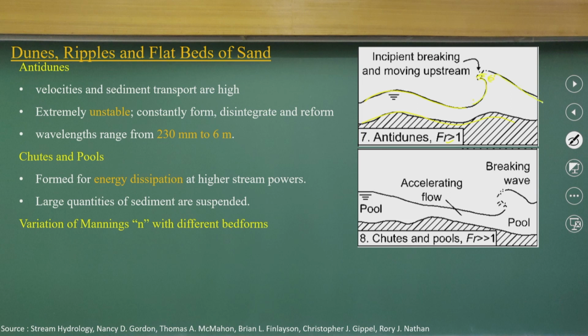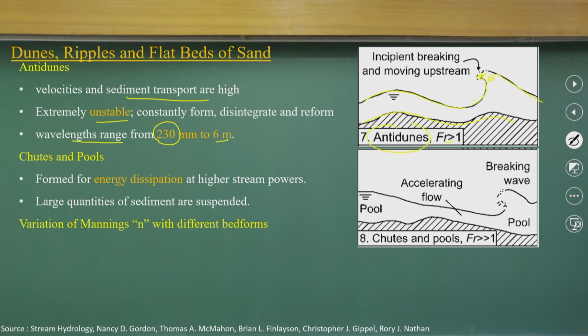That is antidune formation, which happens when the Froude number is greater than 1. The velocity and sediment transport are high, and extremely unstable conditions will happen. The wavelength ranges from 230 millimeters up to 6 meters.